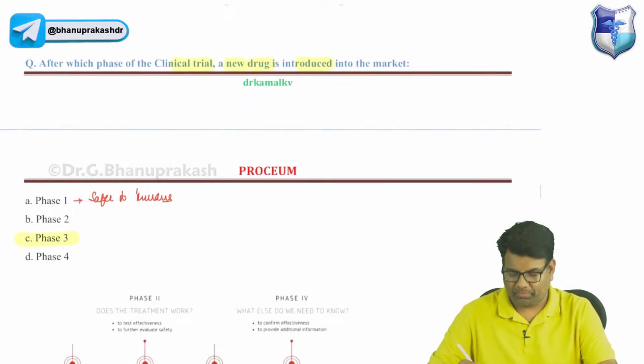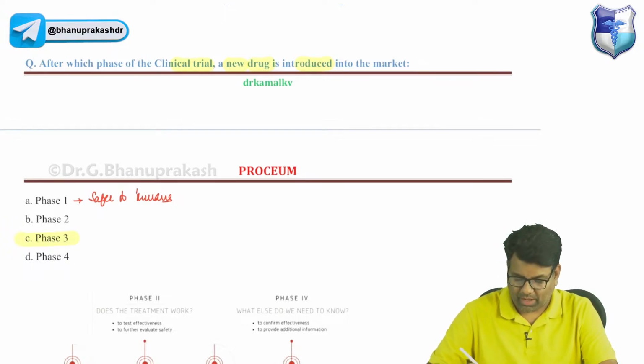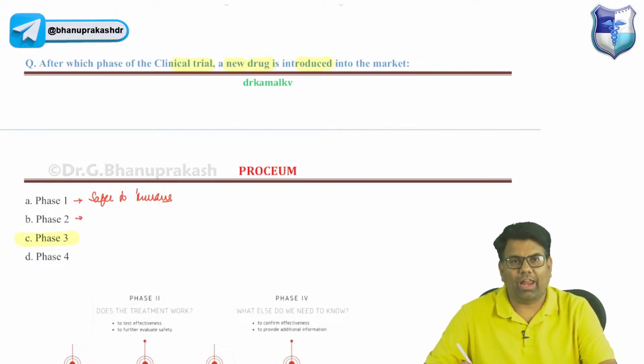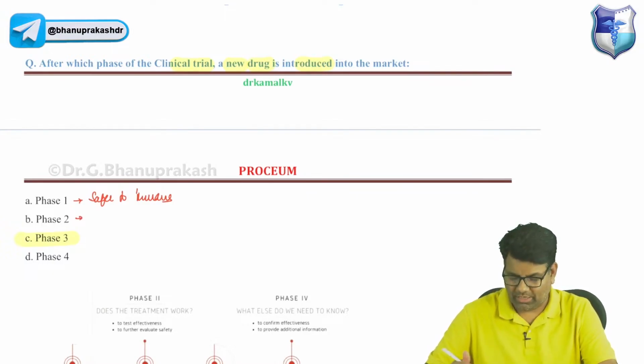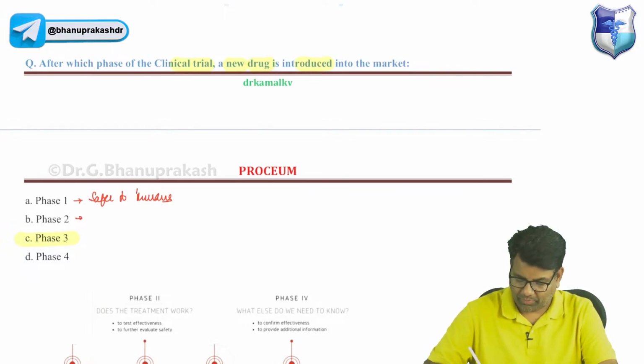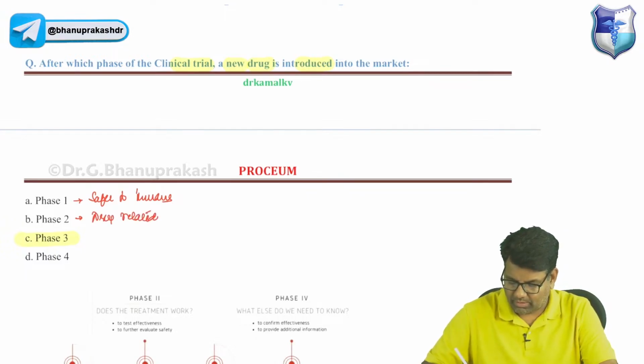In phase 2, once we are very sure that the drug under consideration is safe for humans, we move on to phase 2, and here we try to evaluate the drug in terms of efficacy, potency, and all other drug related studies.